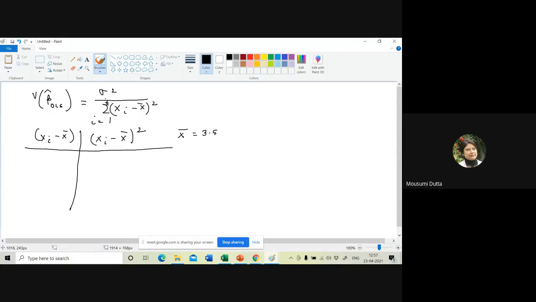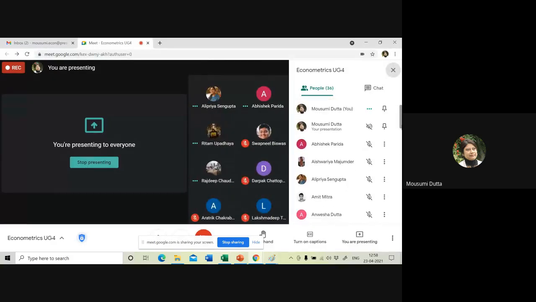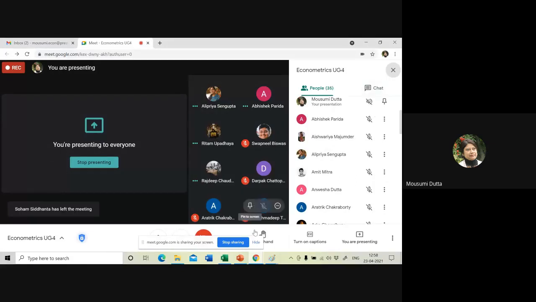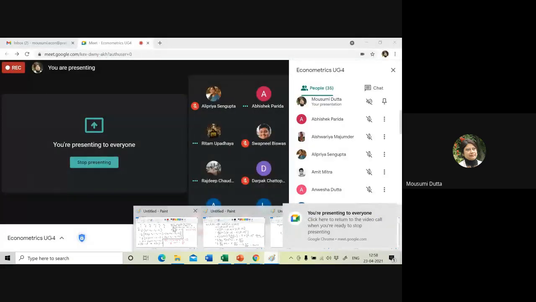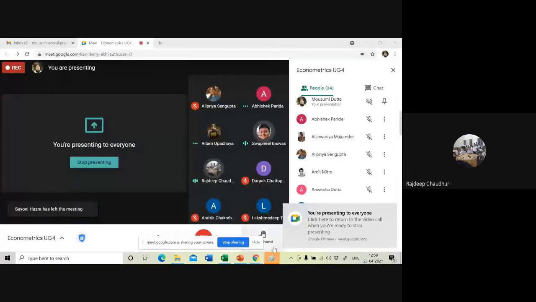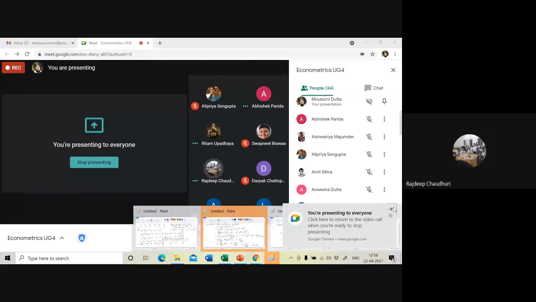So find out xi minus x bar for the 6 values. What are the values? Did you calculate these values? The values are -2.5, -1.5, -0.5, 0.5, 1.5, 2.5.